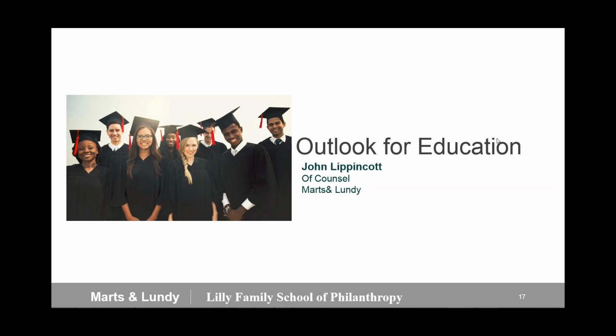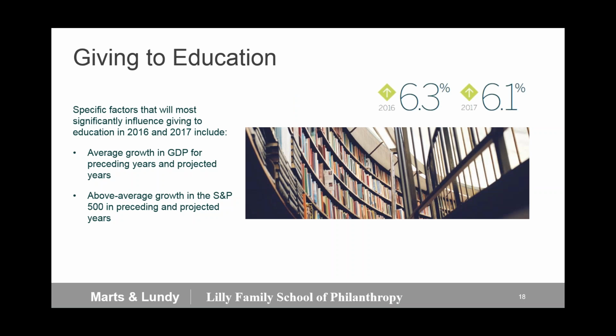So in looking at the education outlook and the numbers for the coming years, as projected by the researchers at the Lilly Family School, this was referenced a bit earlier, the outlook projects an increase in giving to education of 6.3% in 2016 and 6.1% in 2017. I hasten to add that these are inflation-adjusted figures, as were all the figures that Una shared with you.